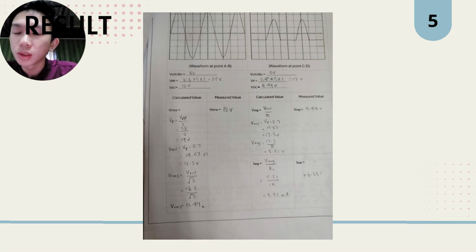I think it is because of the equipment, maybe the parts are old, so it is not very accurate. For the I average, it is 5.51 milliampere. It is far from the measured I average, but we got the value.